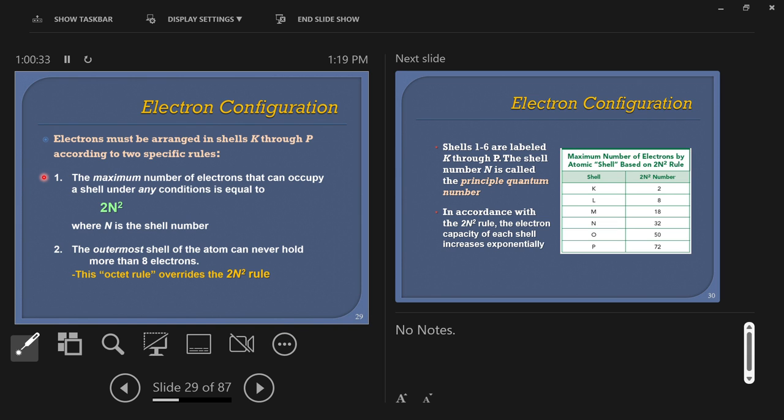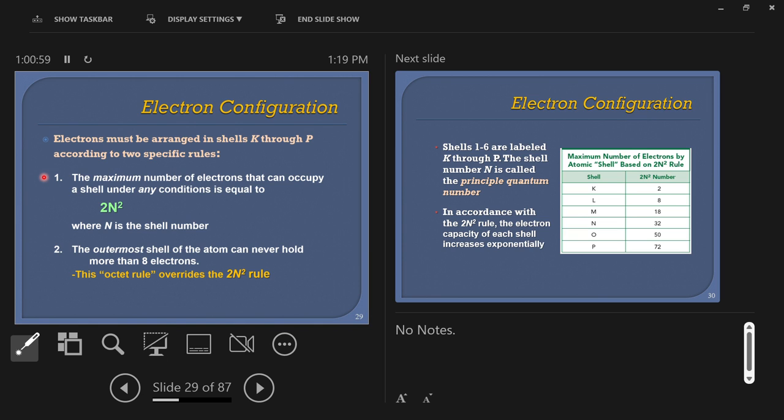So valence shell equals outermost shell. The outermost shell follows the octet rule. It'll only hold up to 8, never more than that. And it will always seek to get 8. Remember how I told you that those noble gases, they're full, they don't want you, right?